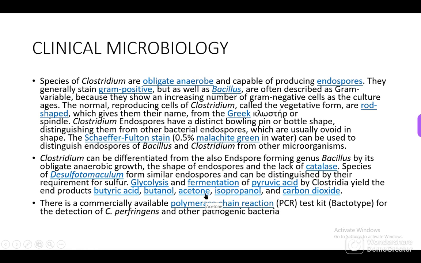You can demonstrate the fermentation. There is a commercially available polymerase chain reaction PCR kit, called Bactotype, for the detection of Clostridium perfringens and other pathogenic bacteria. So it can be distinguished by PCR. Specific Clostridium perfringens and botulism can be detected by PCR.